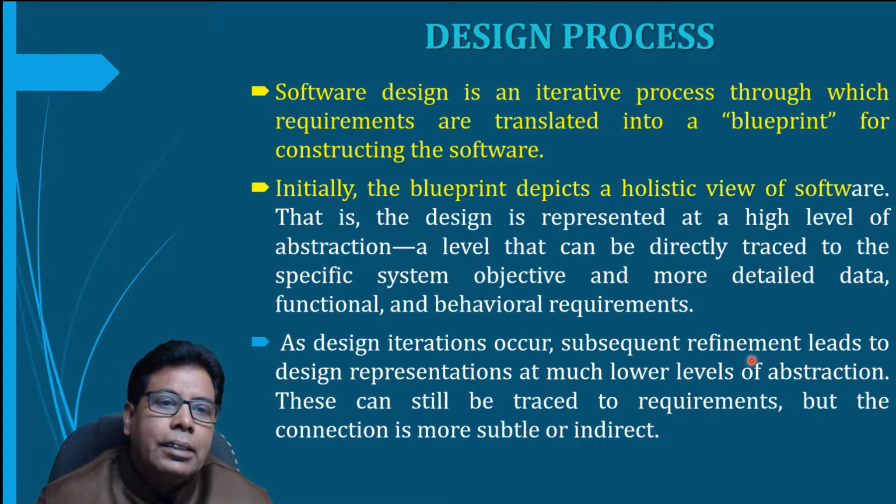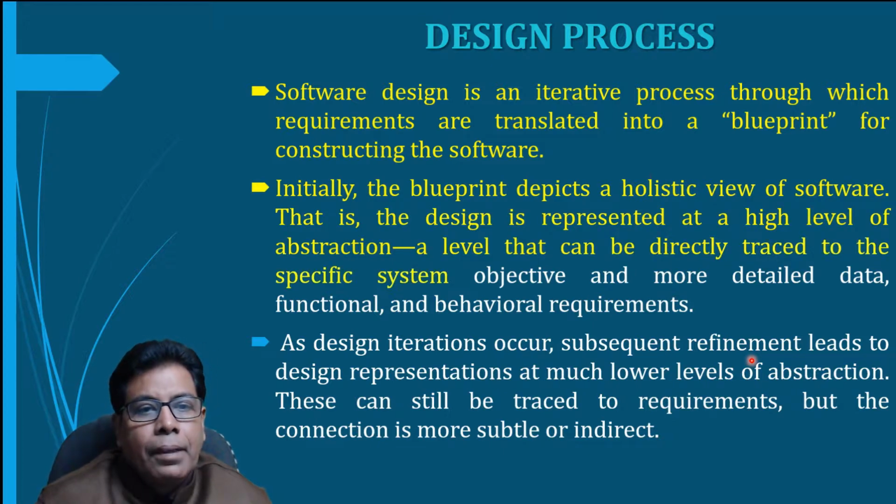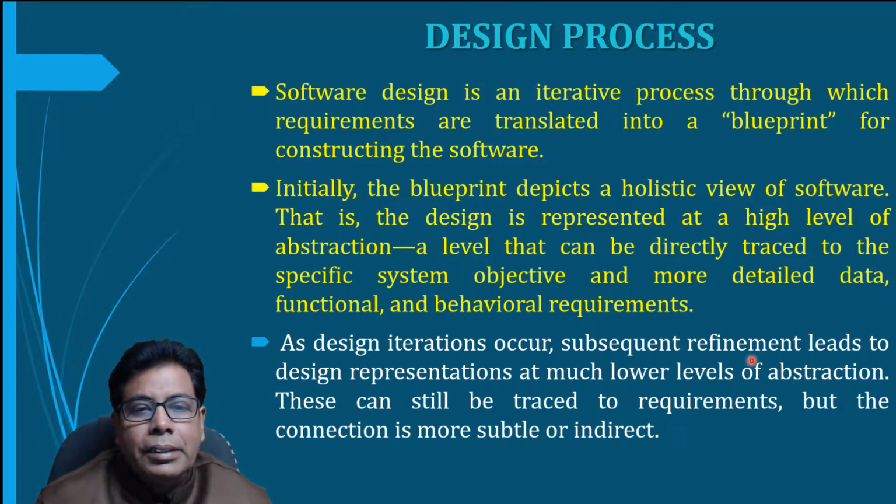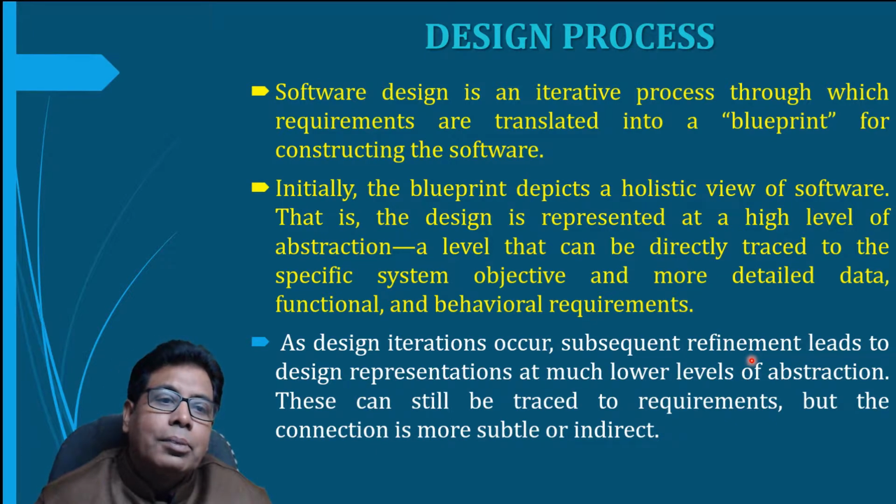So initially the blueprint will show the holistic view of the software. That is, the design is represented at a high level of abstraction. So here we can directly trace the system specifications and objectives, and more detailed data, functional and behavioral requirements directly.